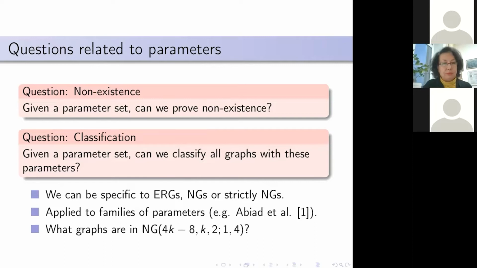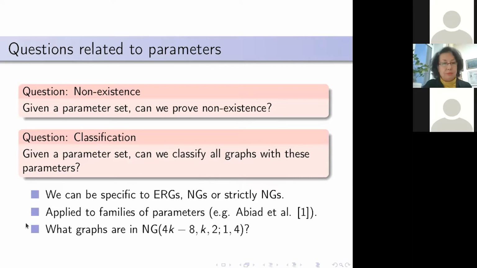So given a parameter set, can we classify all graphs up to isomorphism with these parameters? These questions I've given are quite vague because we can apply these to any of the graph classes we're interested in. So edge regular graphs, Neumaier graphs, or strictly Neumaier graphs. And we can apply these questions to families of graphs, as Martin's already shown us.